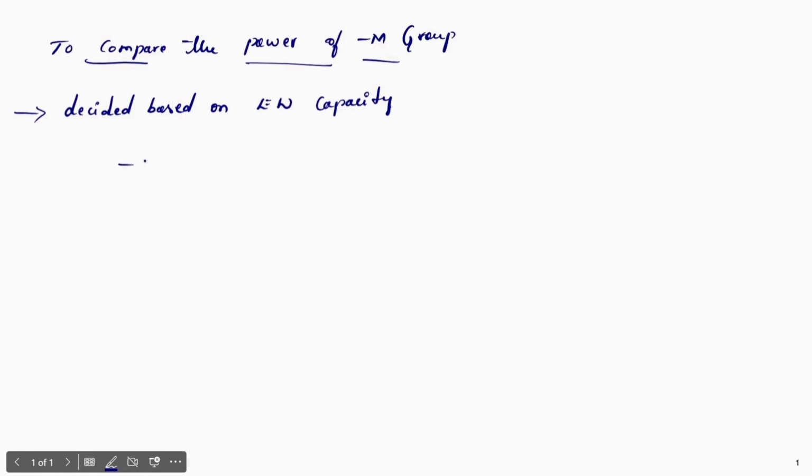For example, NO2 is a better electron withdrawing group than CN minus, and CN minus is a better electron withdrawing group than C double bond O H. This is usually the same as in the negative inductive effect.